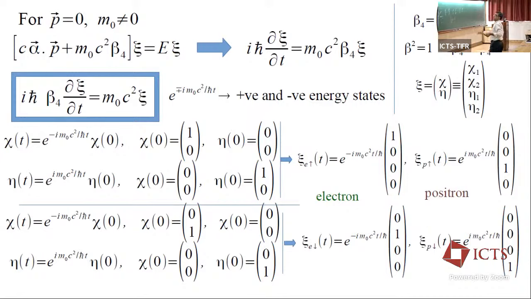Okay. So for p equal to 0 in the rest frame, you actually have 4 solutions: 2 for positive energy and negative energy, and 2 for spin up and spin down. You can write this out.